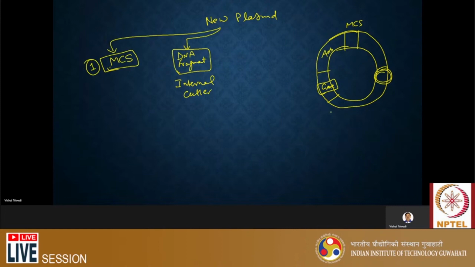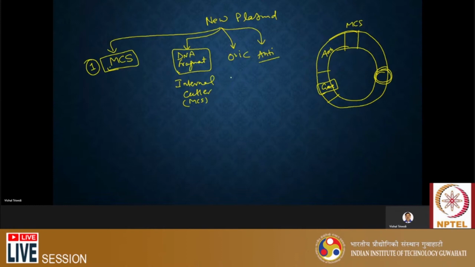All the remaining portion is considered to be the gene fragment, and this should not have internal cutters, which means any of the enzymes present in the MCS should not be there in the fragment. And then you also have the origin of replication and the antibiotic resistance genes. If you put all these cassettes together, you can make the new plasmid.